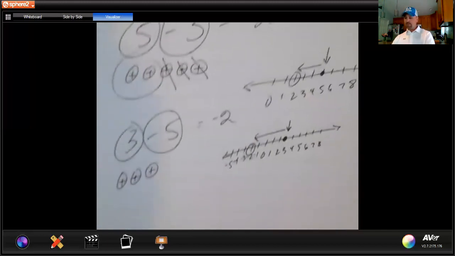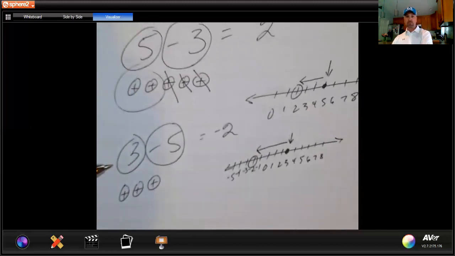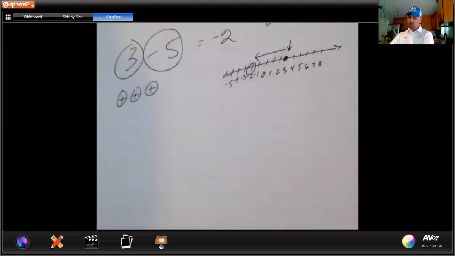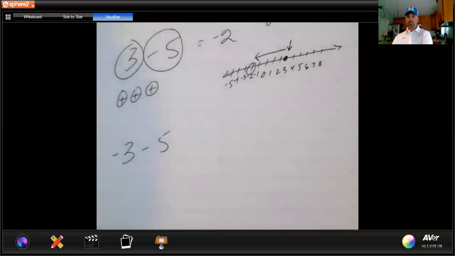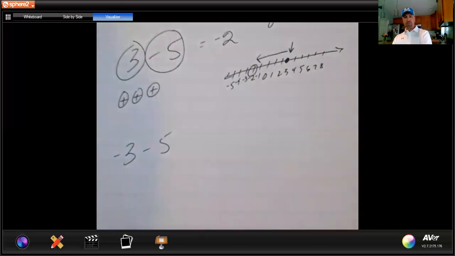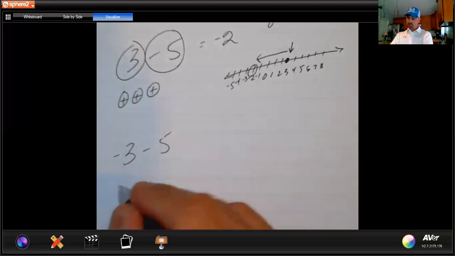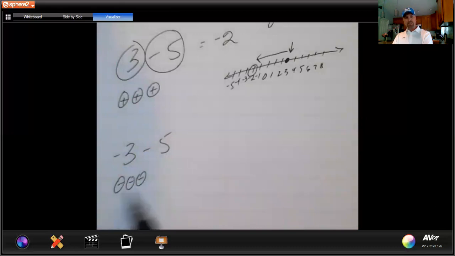Let's take a look at what happens if I change the sign of the first number. So how about -3 minus 5? That's probably going to be hard to do with the chips. 3 negatives is what you would start with, and you're trying to take 5 positives away.